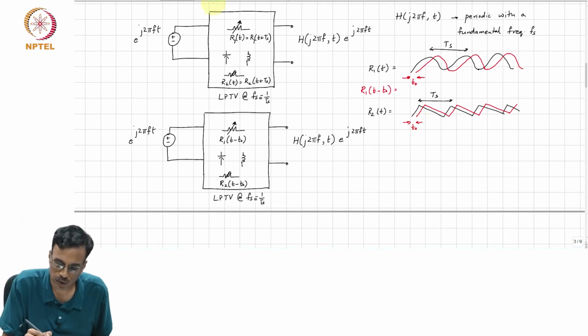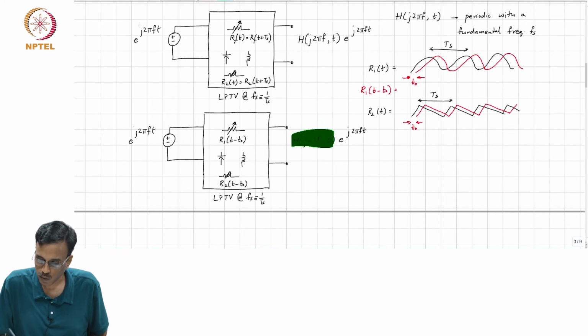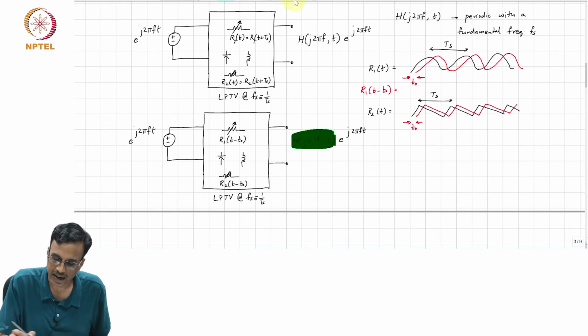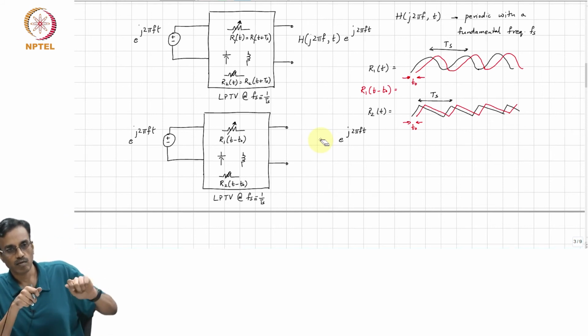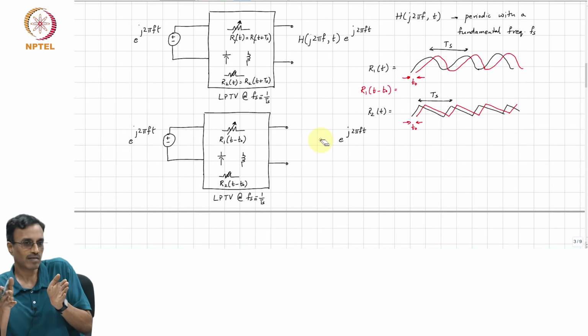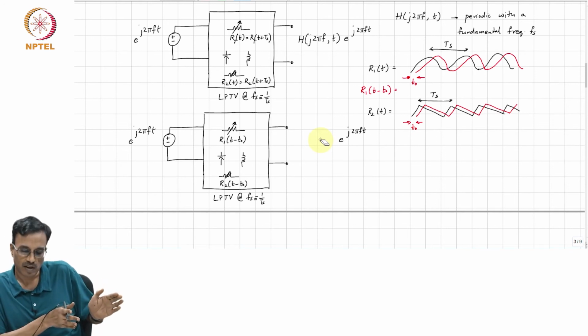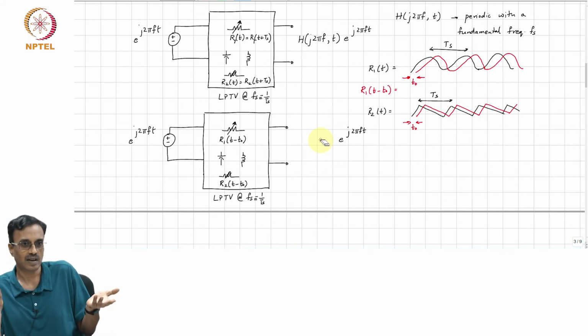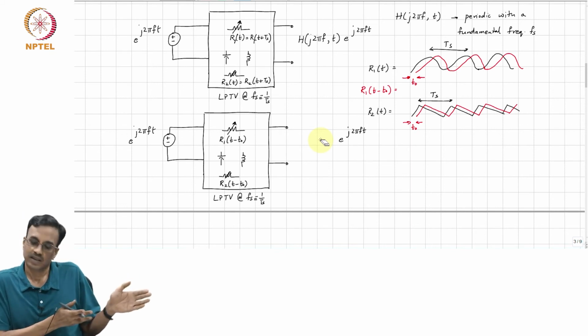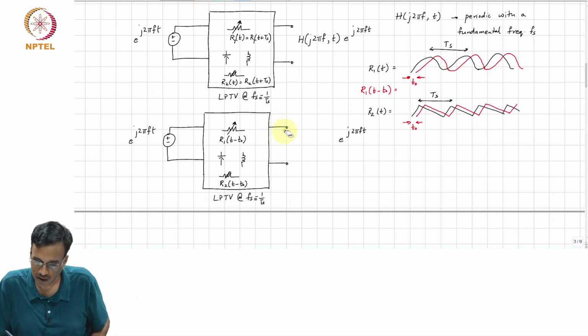So, now the question is, what happens to the gain experienced by the sinusoid? All the varying waveforms are simply delayed. So, what comment can we make? If the variation of all the resistors is delayed with respect to time, it is intuitively obvious that the gain also is getting delayed by exactly the same amount. In other words, what you would see here is h of j 2 pi f comma t minus t naught.